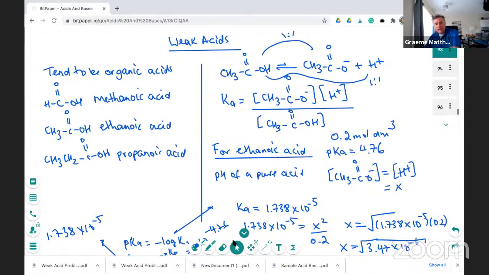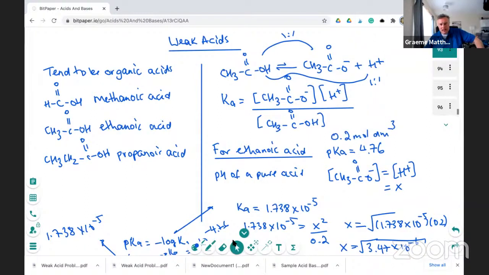Why? Because they're all monoprotic acids, number one, and number two, using health and safety hazards, like the HAZCODs, they are fairly safe to use in the lab. Ethanoic acid is just vinegar.